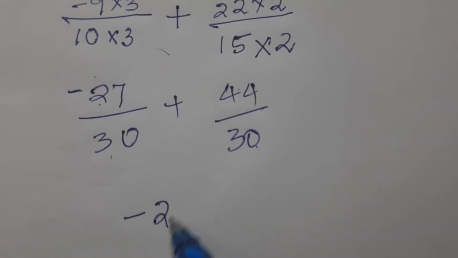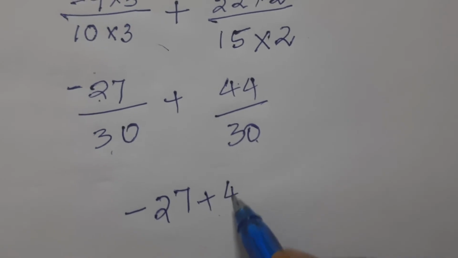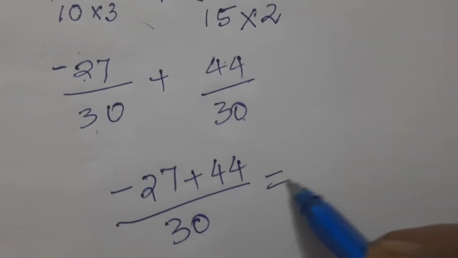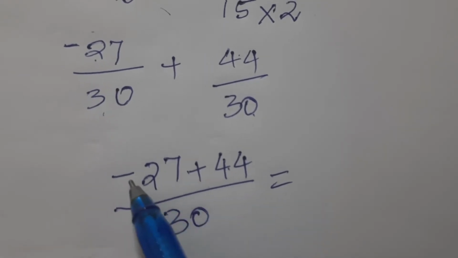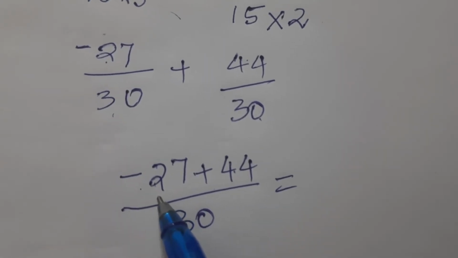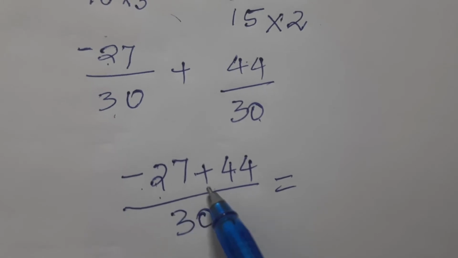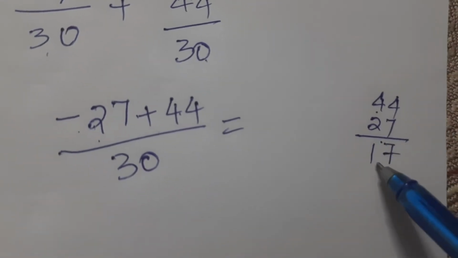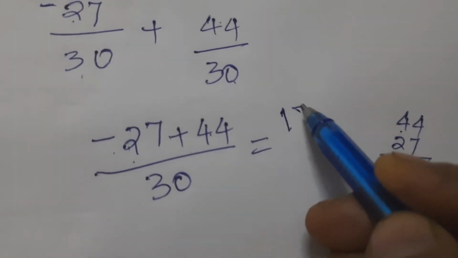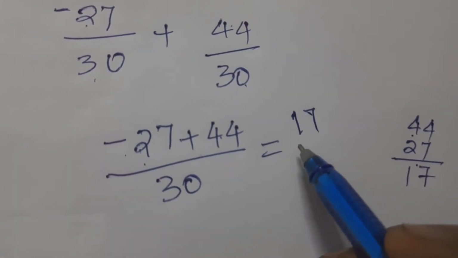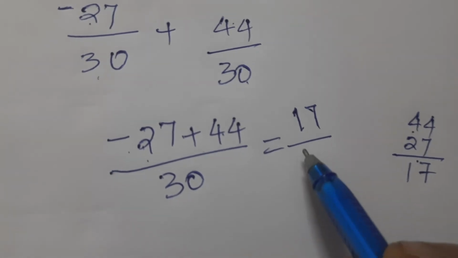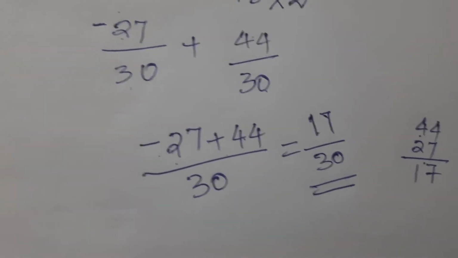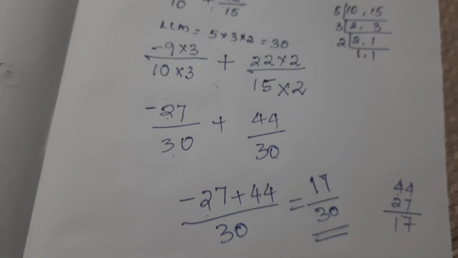So it becomes negative 27 plus 44 divided by the common denominator, that is 30. Now 44 and 27 have opposite signs, so we have to subtract. So when we subtract 44 minus 27, we get 17. The sign of 17 is positive because the larger number is 44 and it has a positive sign. And the answer is 17 by 30.